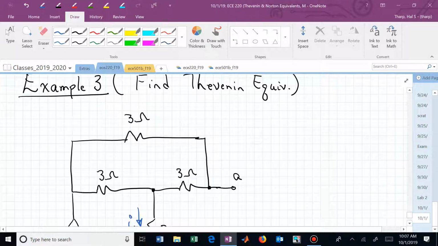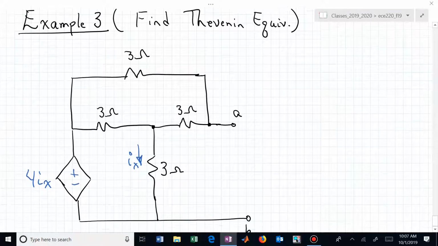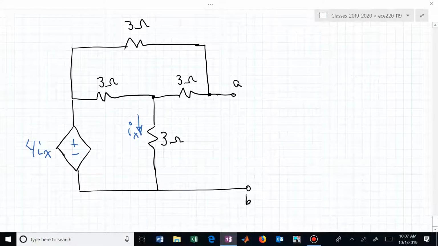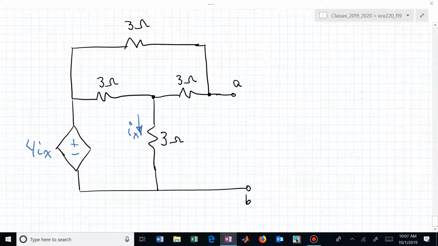Let's look at this example of finding the Thevenin equivalent. Threes are wild in this circuit. We have a lot of resistors, and they all seem to have the same value of 3 ohms. We now want to find the Thevenin equivalent between nodes A and B. What can we start to appreciate about this particular circuit?